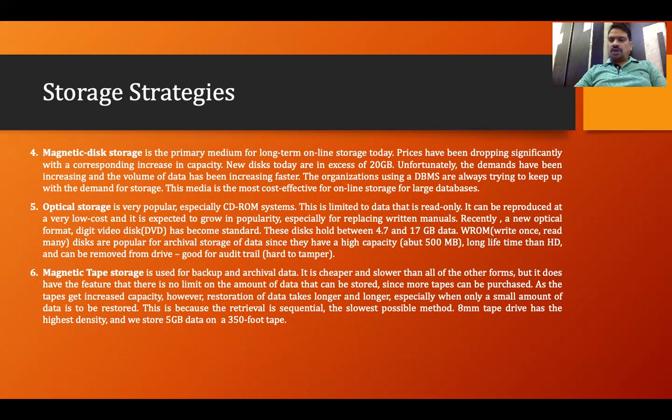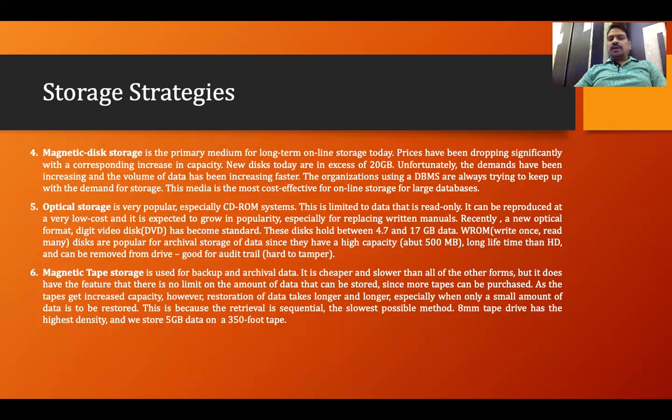It is non-volatile memory, means the data will be there for a longer period of time. Accessibility is high. Reliability is also very high. So the disk, which is your hard drive or magnetic disk, or nowadays we are also getting solid state drive or solid state disk, SSD, right? All those are very useful, and we can use them for database management system storage, right?